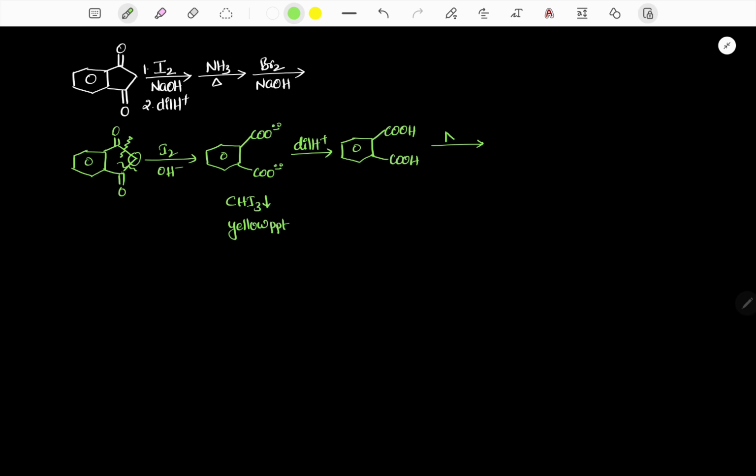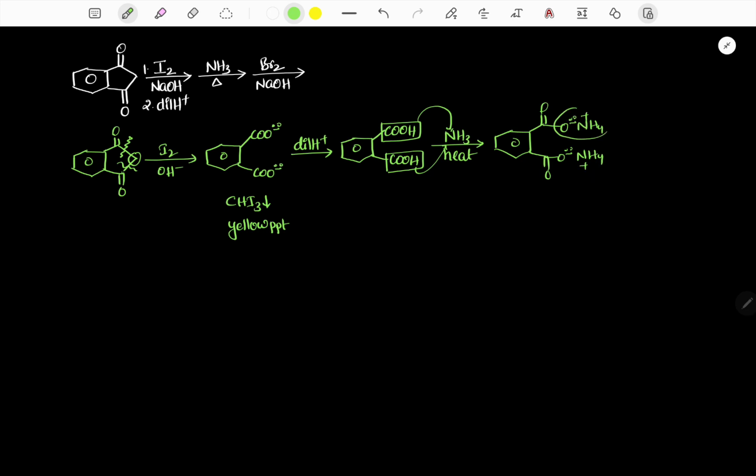Now it is treated with ammonia and heat. A carboxylic acid treated with ammonia initially forms the corresponding salt, COO minus NH4 plus, COO minus NH4 plus.